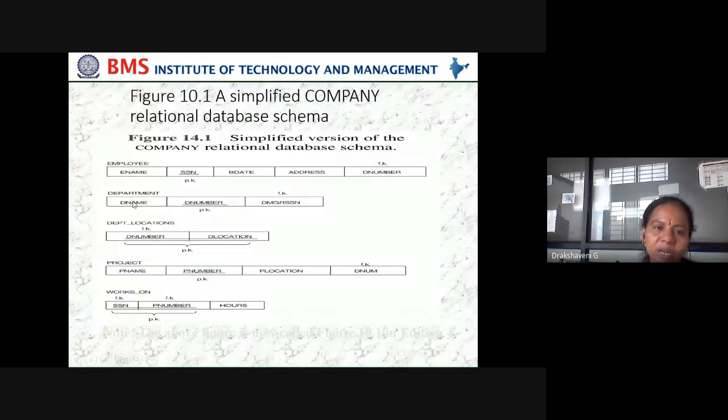In the same way, in department, D number is a primary key and manager SSN is a foreign key. In location, D number and location together are called a primary key, and this is a foreign key. And project has P name, P number, location, and D number. Works on has a primary key, that is SSN and P number, and these two are called foreign keys.